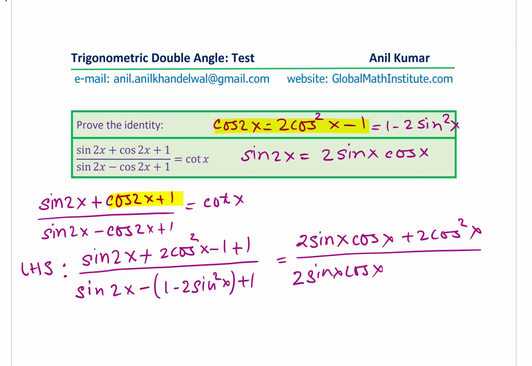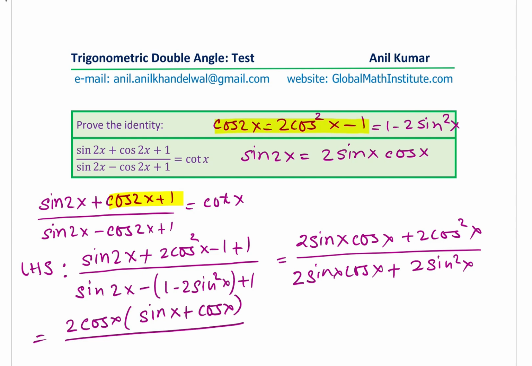See, minus 1 and plus 1 cancel, and this becomes plus 2 sine square x. So now we can take common 2 cos x in the numerator. So we get sine x plus cos x. In the denominator, we can take 2 sine x as common, and we get cos x plus sine x.